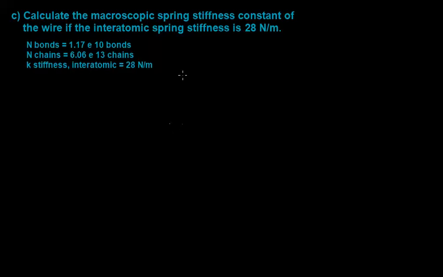So basically what we're being asked for is a variable that is denoted by the letter K, which is more commonly applied when we talk about springs.